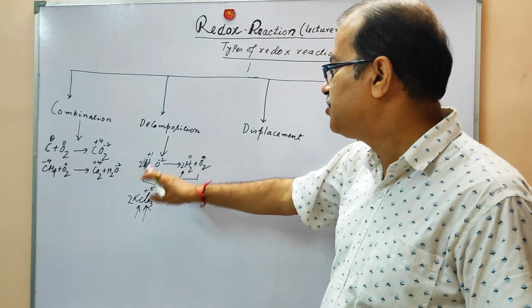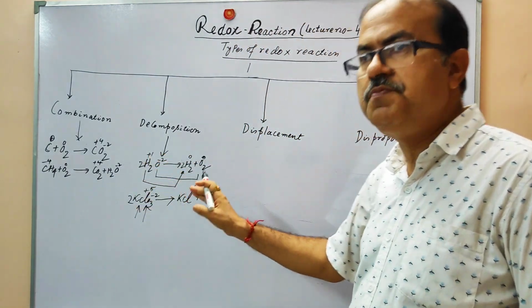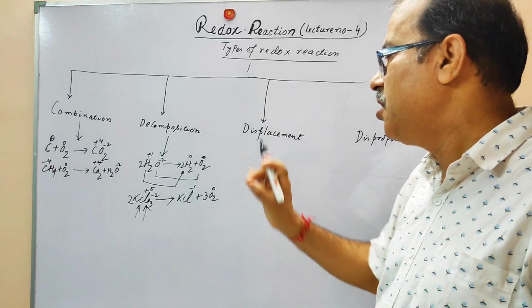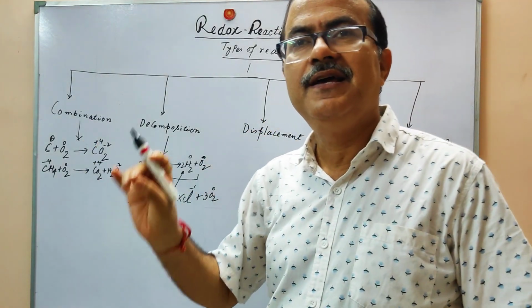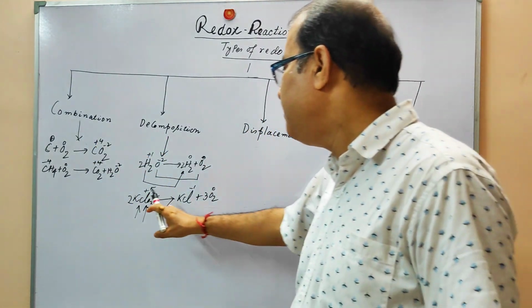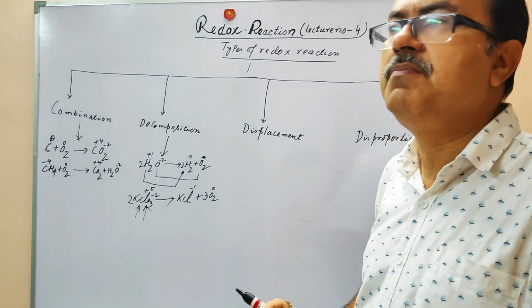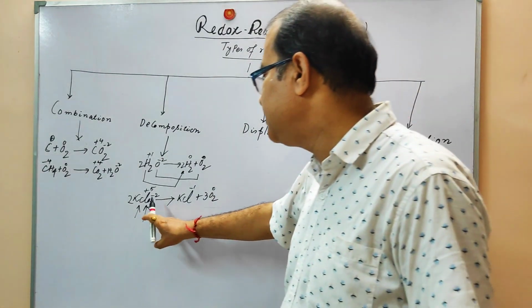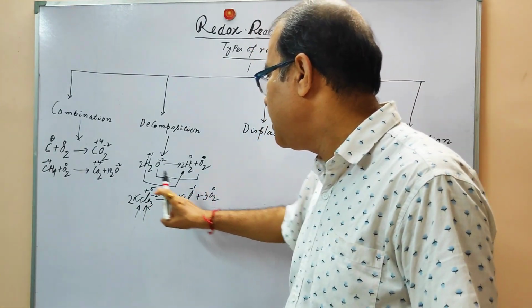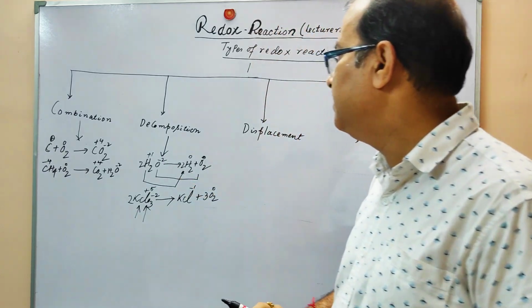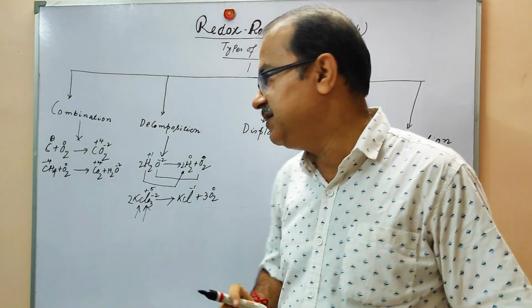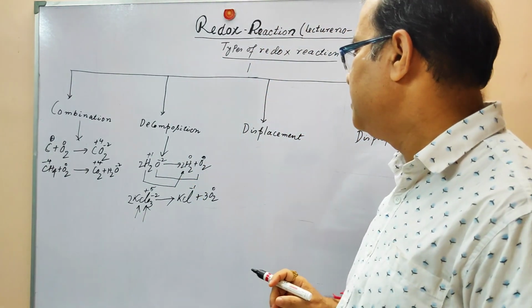Reduced means a decrease of the oxidation number; oxidized means the oxidation number is increased. That is what we see: -2 to 0 and +5 to -1. So these are decomposition redox reactions.